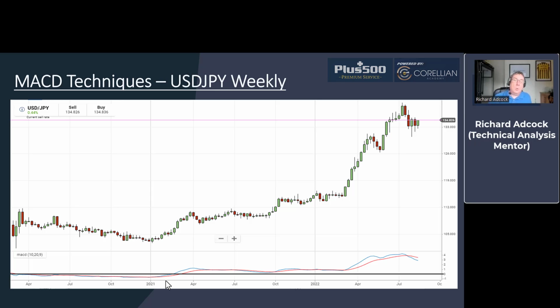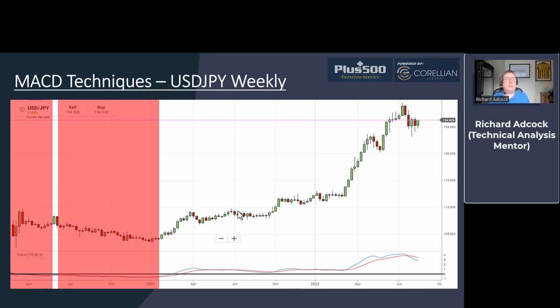So basically, when that's above 0, we're in an uptrend, more an aggressive uptrend when it's above its moving average. When it's below 0, then we're in a downtrend. And we then use the MACD to reference whether it's an aggressive downtrend or a consolidation within such. So let's look at the signals that we can see within the MACD on the weekly chart for the dollar-yen.